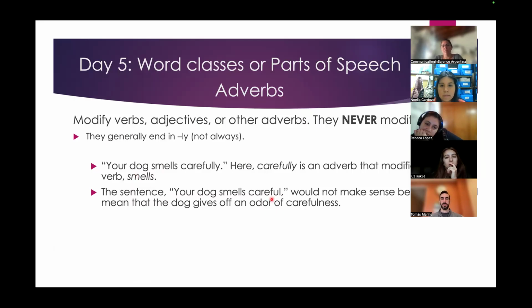But this is a common mistake in the beginning, to put an adjective instead of an adverb. And we are going to see why, because we obtain adverbs from adjectives. As you can see, careful, it's the adjective. Carefully, it's the adverb. So we modified that adjective to obtain our adverb.